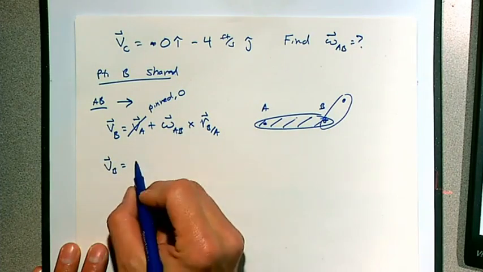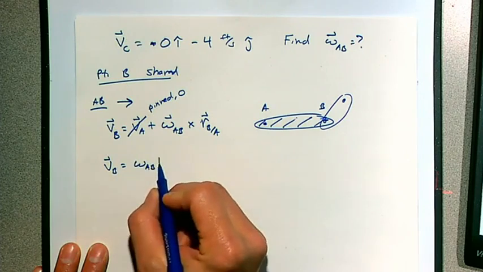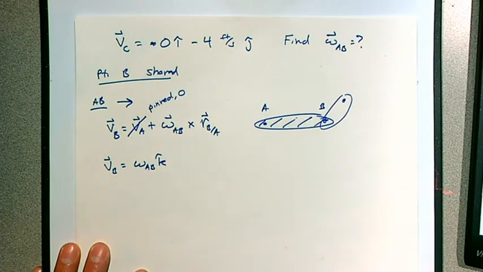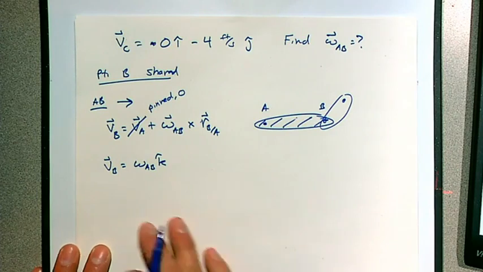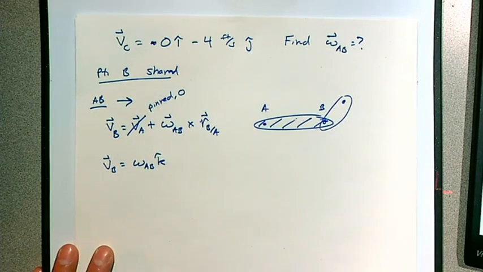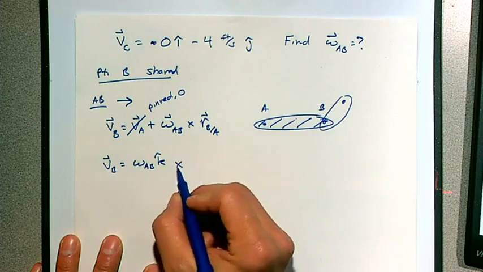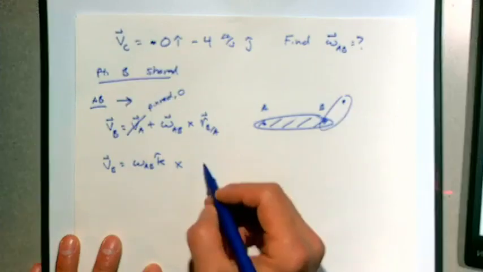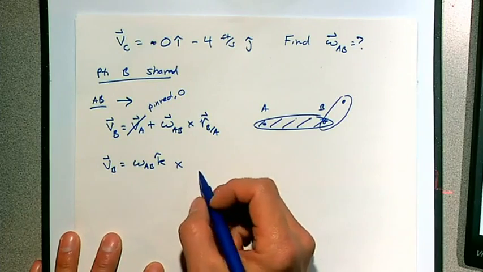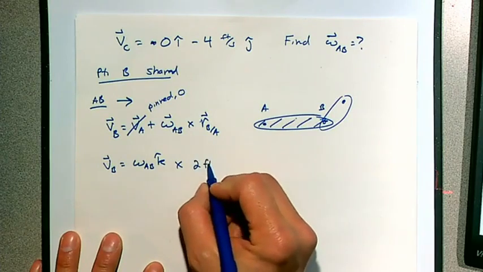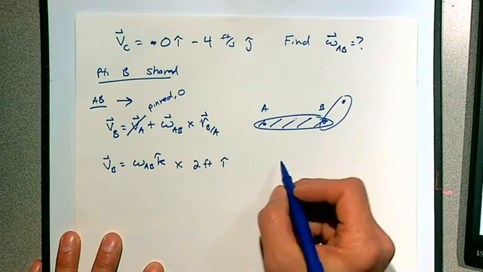Omega AB, I'm going to call omega AB in the K direction. I don't know if it's counterclockwise or clockwise. I'm just going to write it in as if it is going counterclockwise, crossed with my vector from A to B. That looks like 2 feet in the I direction, going this way.